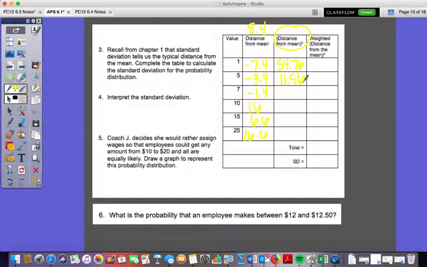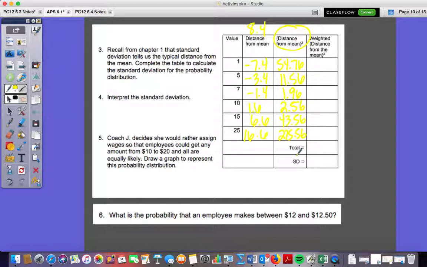Great. 1.4? Nicely done, Catherine. 1.6? Nicely done. 6.6? Nice. And our last one would be? Nicely done. Okay, good. So all of those are the values when we square it.